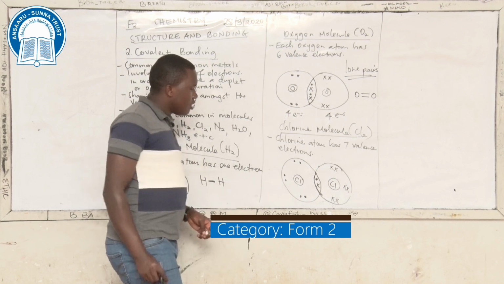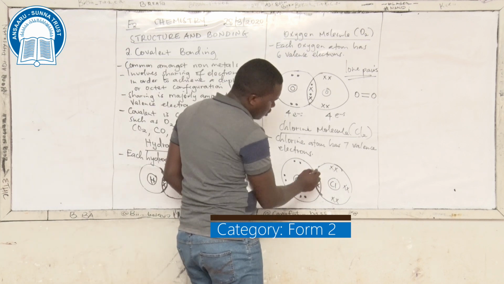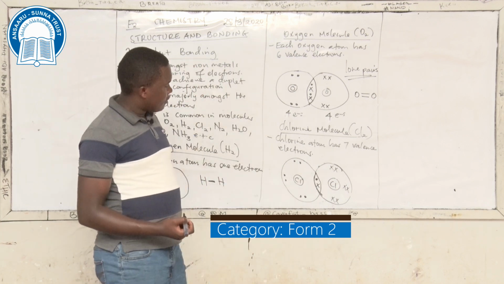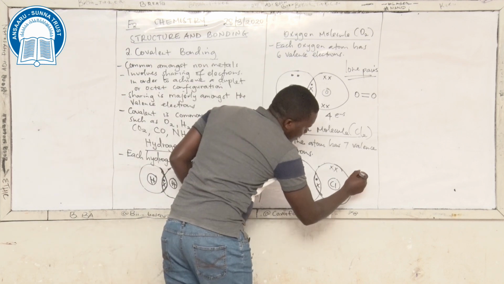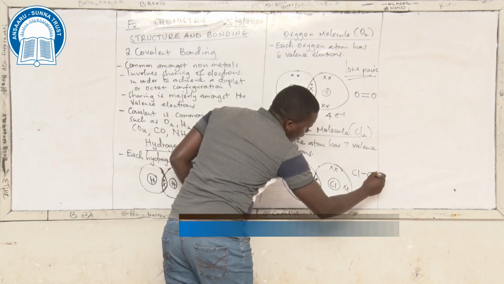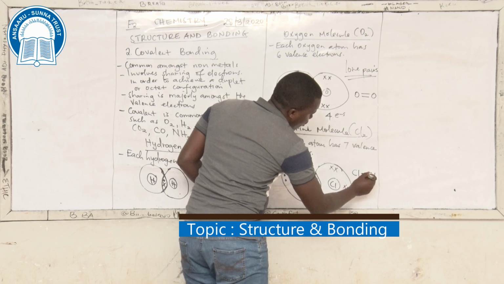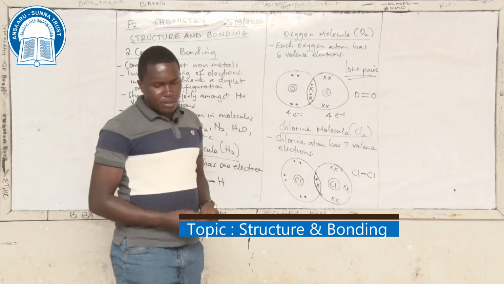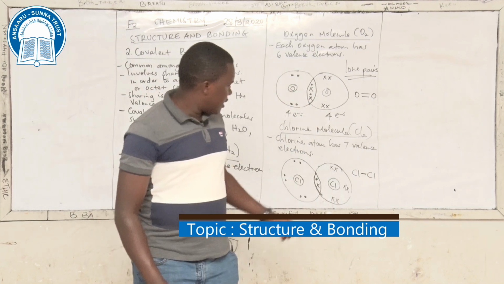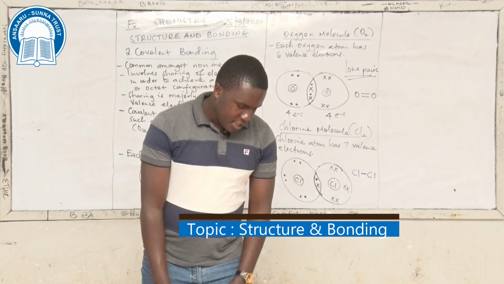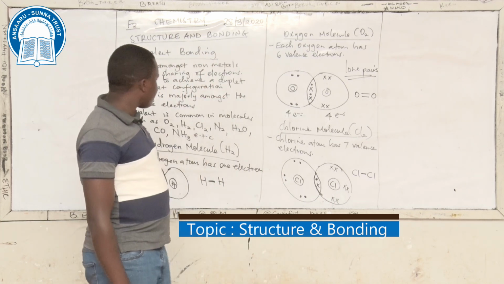So this one is the chlorine molecule, and because there is only 1 covalent bond formed, you can write it as this, Cl-Cl. So this is the 1 covalent bond which is formed when they share their electrons.